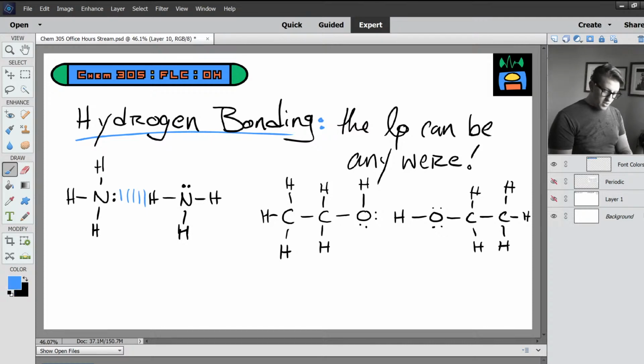So here's two molecules of ethanol hydrogen bonding, and they totally can, even though the lone pair is not on the central atom. So as long as the molecule has a hydrogen that's attached to oxygen, nitrogen, or fluorine, and a lone pair somewhere in the molecule, hydrogen bonding can occur.